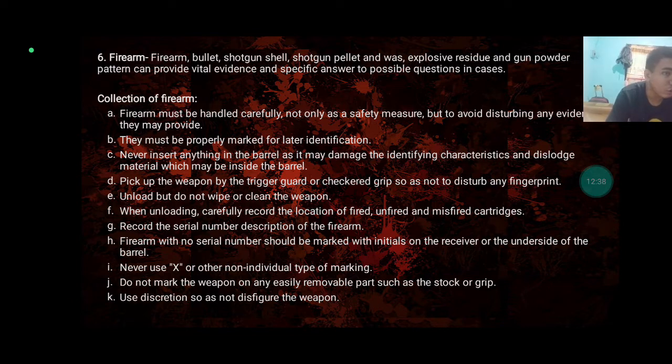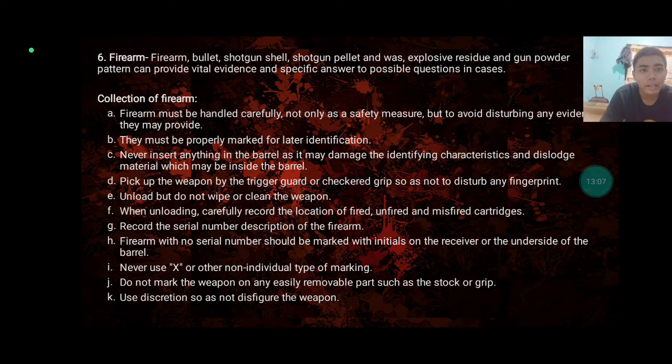It is strong evidence of a crime, for example murder or assault. It is very important to determine what kind of firearm it is, so that you could trace who the owner of that firearm is. So let's proceed to the collection of the firearm.